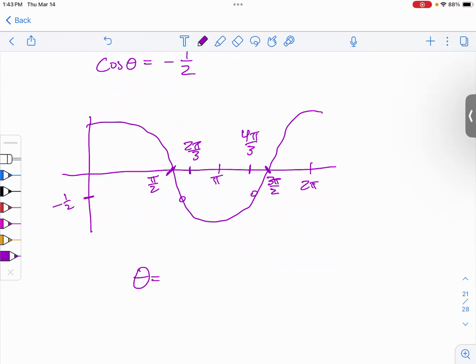So my solution set: theta equals 2 pi/3, 4 pi/3. If theta is not being multiplied or divided, or actually added, it doesn't matter, because that's an easy adjustment. Then basically all you have to do is graph the base function.